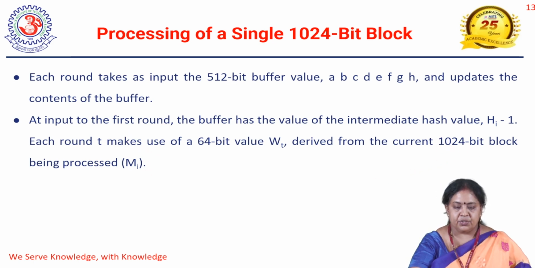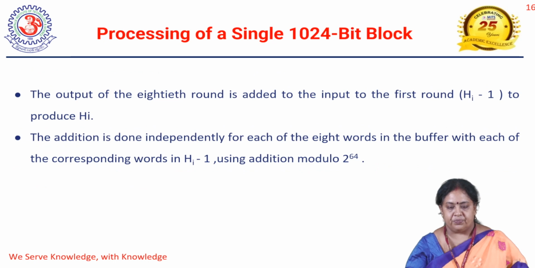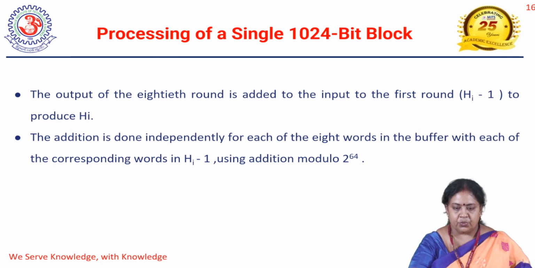In addition to this, we give another input called K, which is an additive constant. All these are given as input. After processing, it produces the output. The output of the 80th round is added to the input of the first round to produce Hi, and this Hi is given to the next block, which we will show in the diagram.